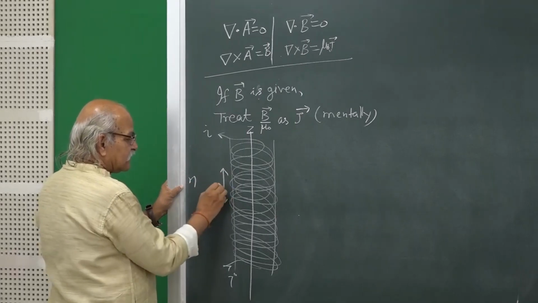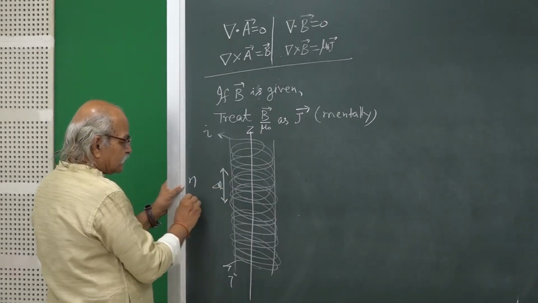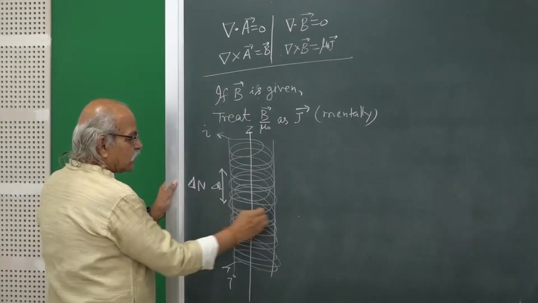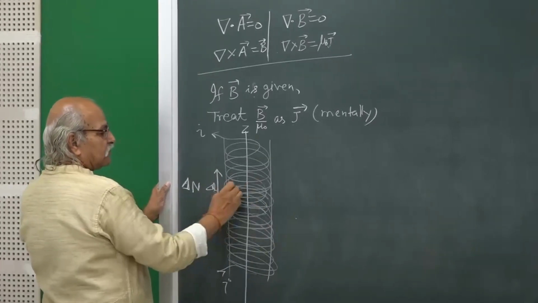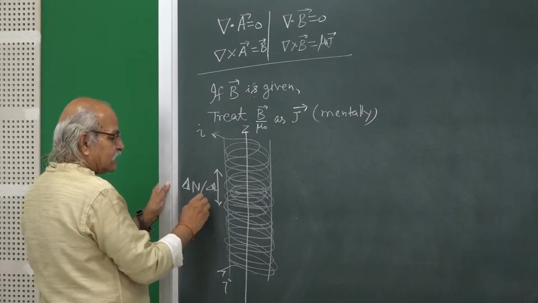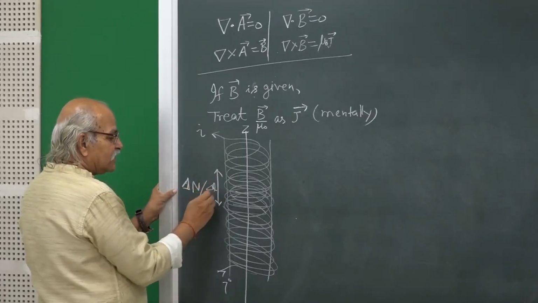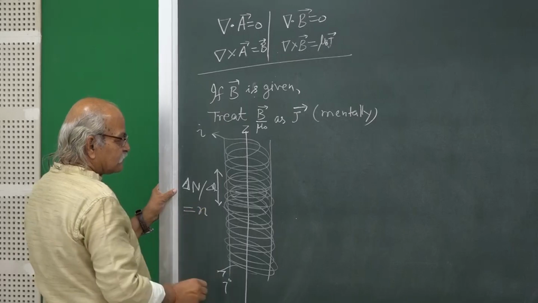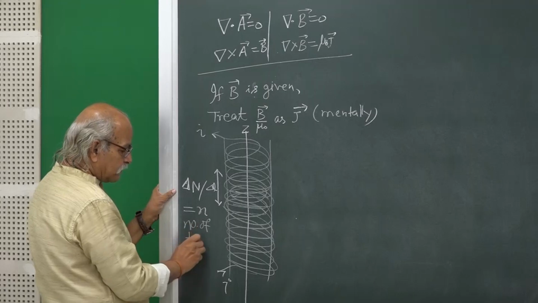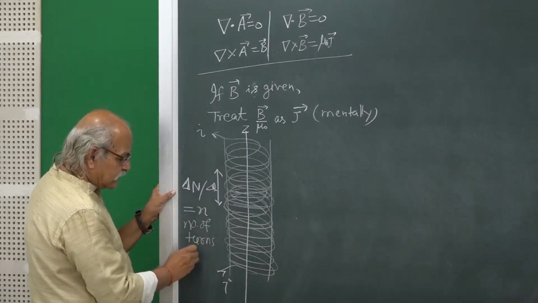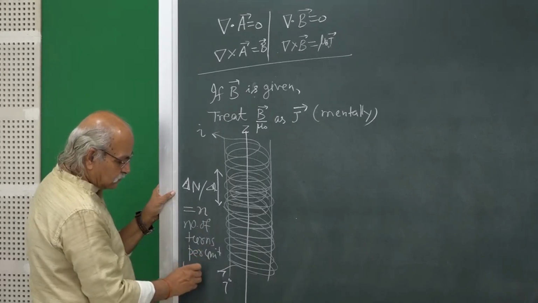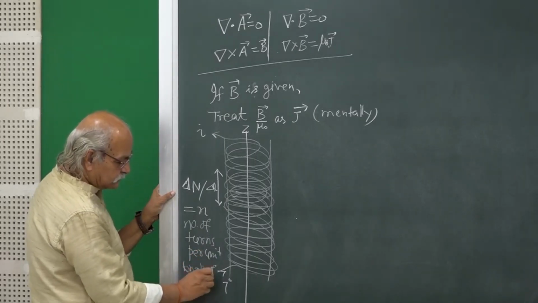So, if this distance is delta L, then the number of turns is, let us say, delta n, these many turns, 1, 2, 3, 4, 5. So, the number of turns delta n in this delta L length, this delta n divided by delta L is your small n. So, small n is the number of turns per unit length of the solenoid.